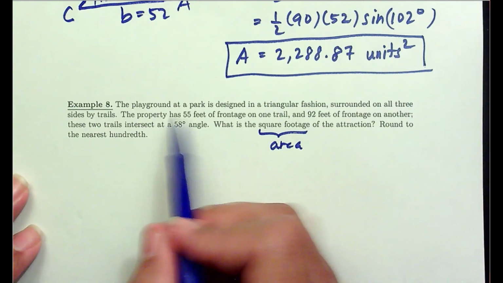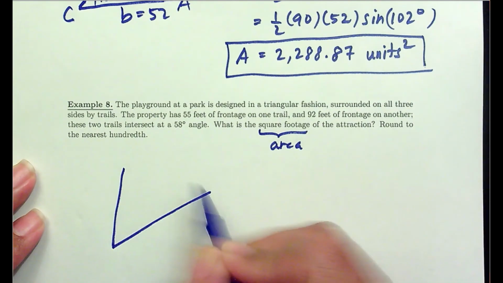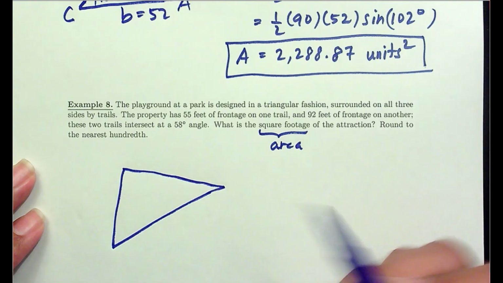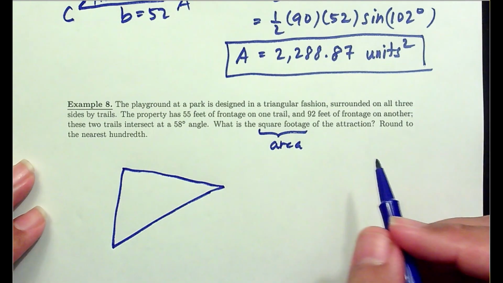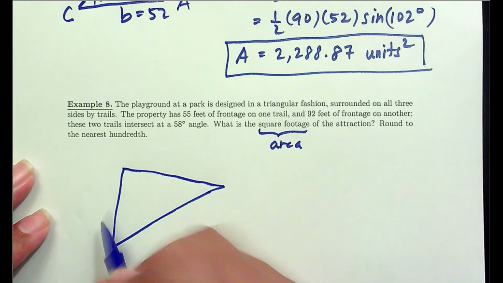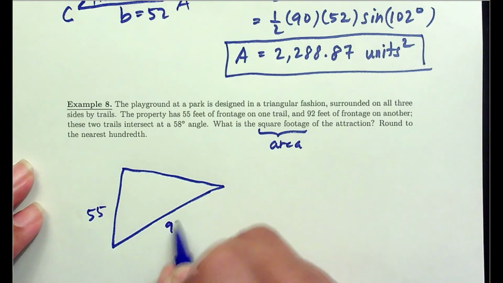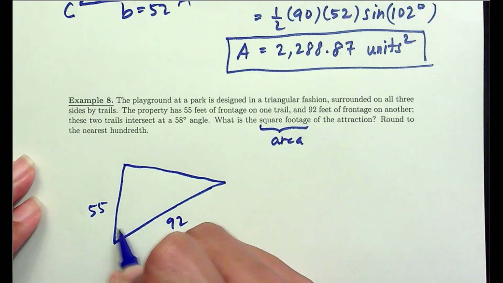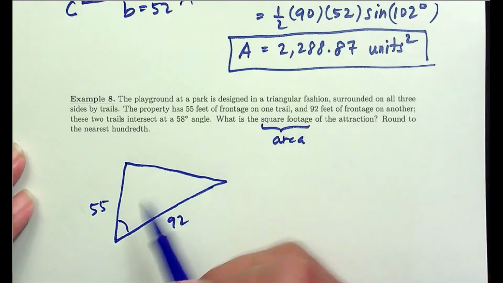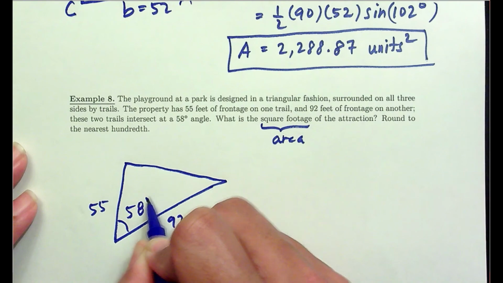Okay, so the playground is a triangle. They're telling me it's a triangle. So just draw any triangle. And one side is 55 and the other side is 92. And the angle where they intersect is 58 degrees.